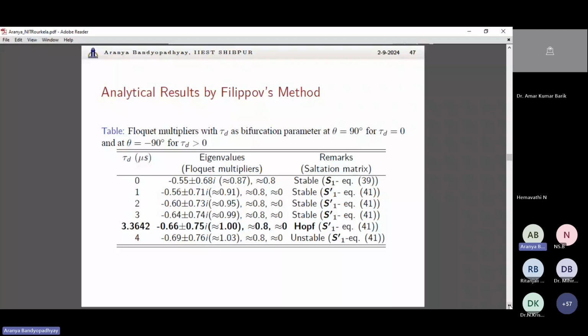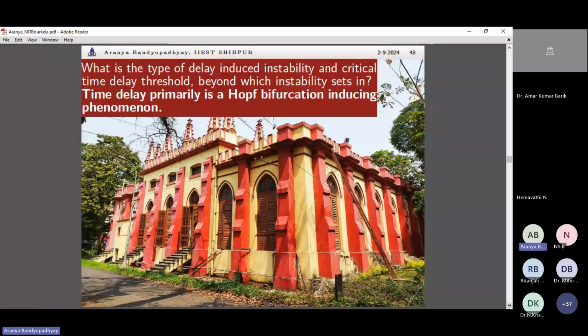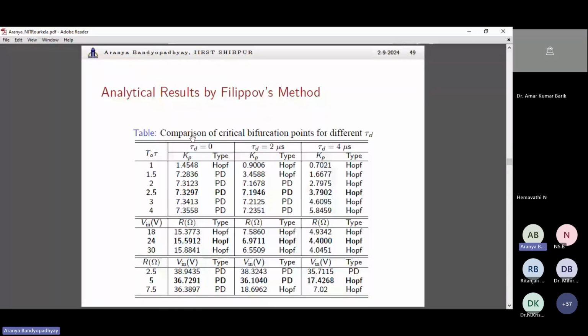So to answer the first question, what is the type of delay induced instability and the critical delay threshold beyond which instability sets in? It is basically a Hopf bifurcation induced instability. And if we take a look at the table, we can clearly see that the critical parameter value at which Hopf bifurcation is occurring is at a much earlier stage.